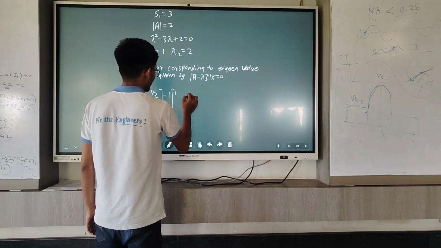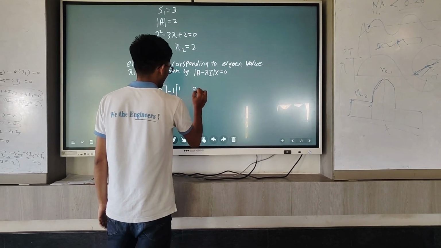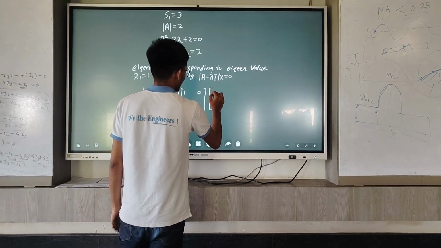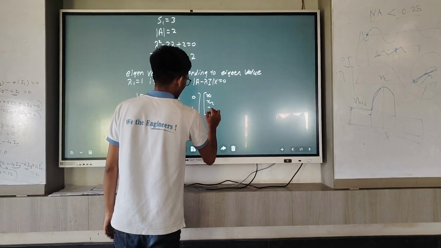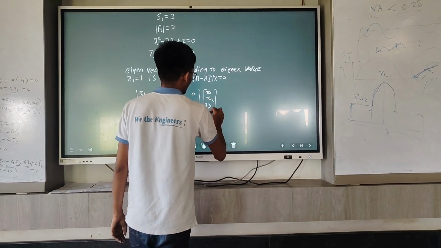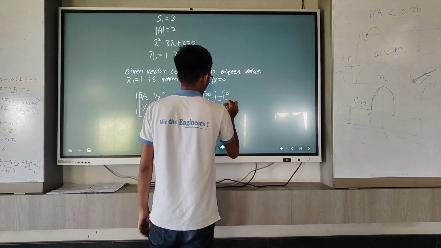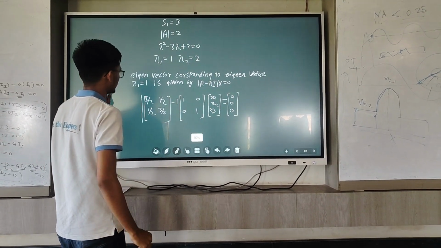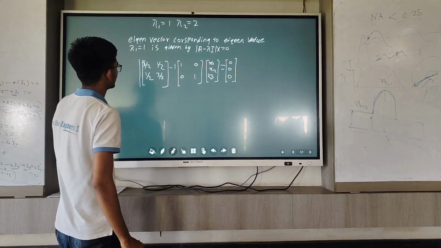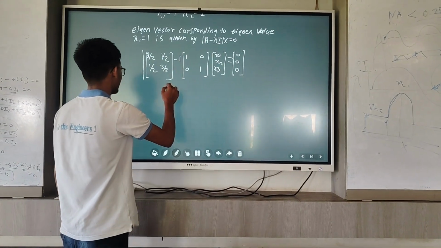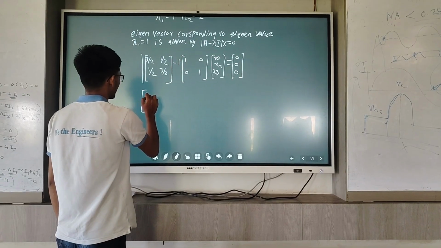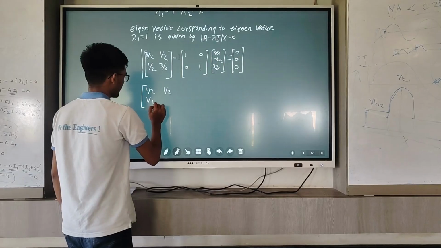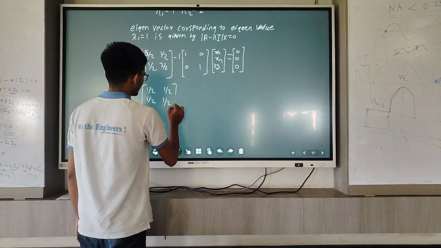So we write 1 0 0 1 and x1 x2 which is equal to 0 0. Now solving this, we get our new matrix, 1 upon 2, 1 upon 2, 1 upon 2, 1 upon 2.